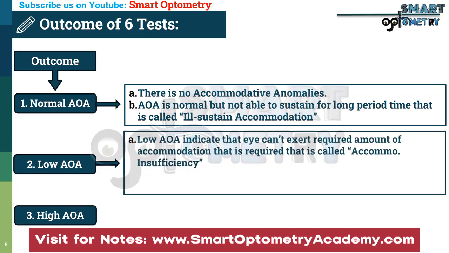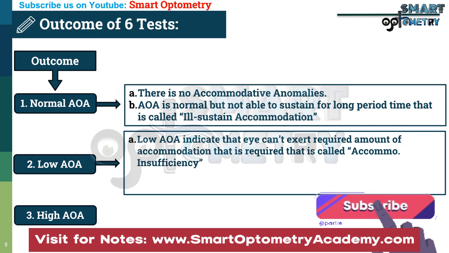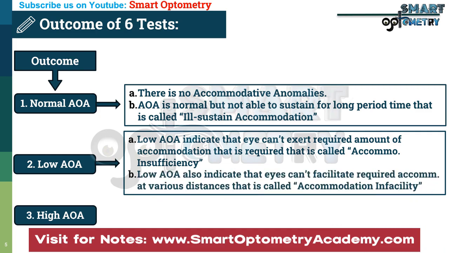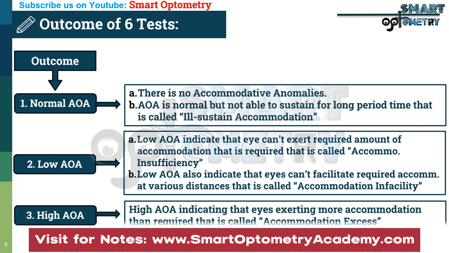A. Low amplitude indicates that I can't exert the required amount of accommodation, and that is called accommodation insufficiency. B. Low amplitude of accommodation also indicates that I can't facilitate required accommodation at various distances, that is called accommodation infacility. 3. High amplitude of accommodation. High amplitude indicates that I am exerting more accommodation than required, that is called accommodation excess.